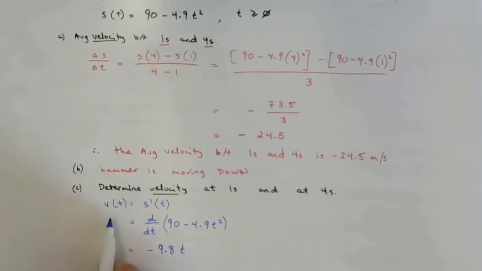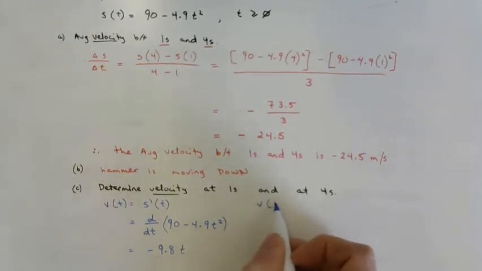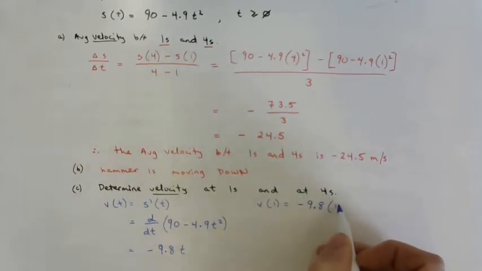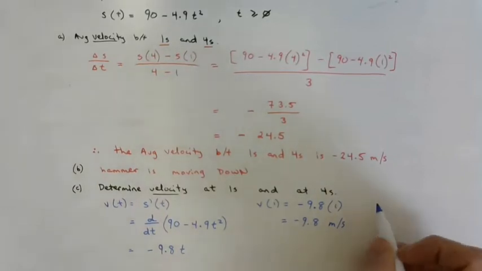So now we have a function for velocity. All we need to do then is find the velocity at 1, which is negative 9.8 times 1. So 1 second after he drops it, the velocity of the falling hammer is negative 9.8 meters per second.